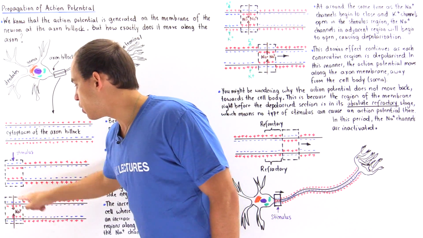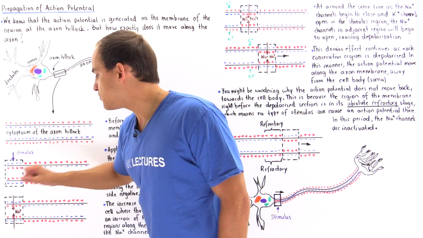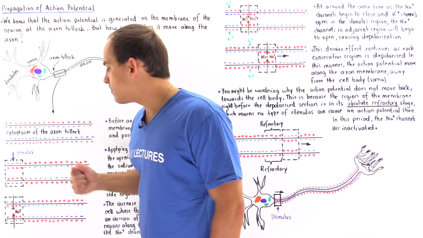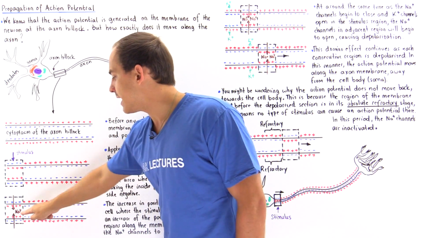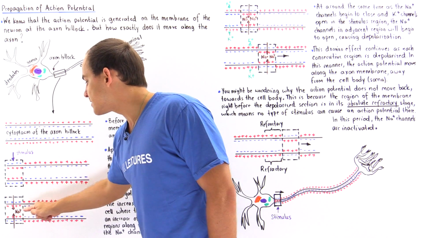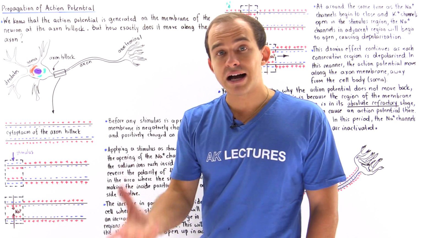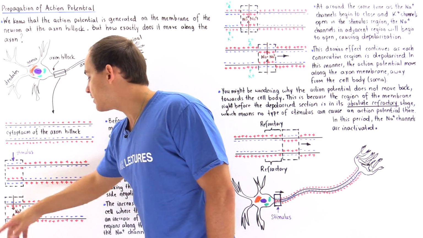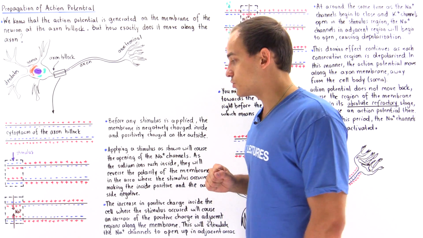So that is shown in the following diagram. The sodium channels open up and our sodium ions move into the cell as shown, and that will cause the inside of the cell membrane to become positively charged and the outside to become negatively charged.